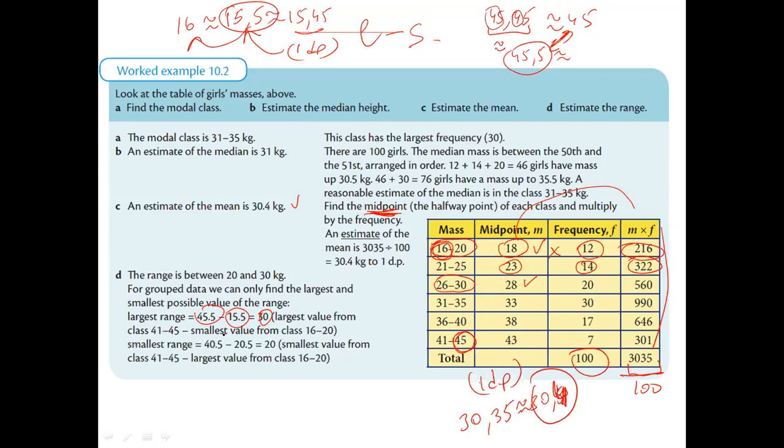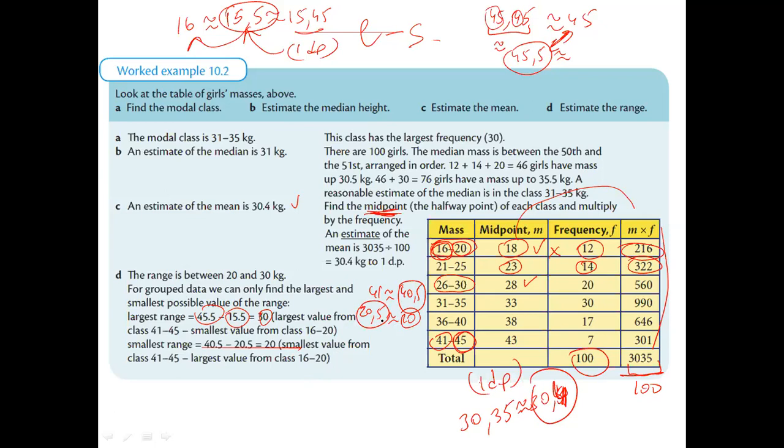Or if you need the smallest value, of course you will take the smallest of 41. 41 is equal to 40.5. Am I right? When you round it to 41, and when you round 20.5 it is equal to 20 if you write in integer form, but not decimal form.